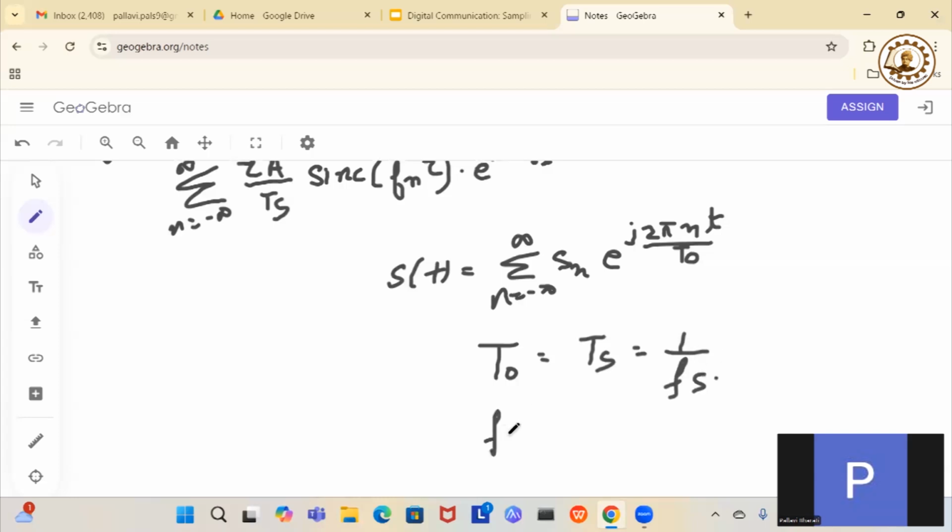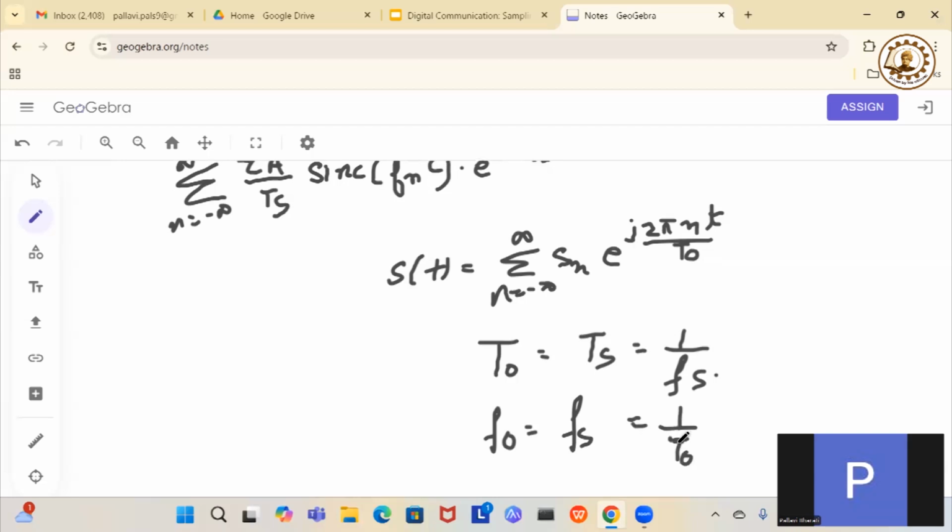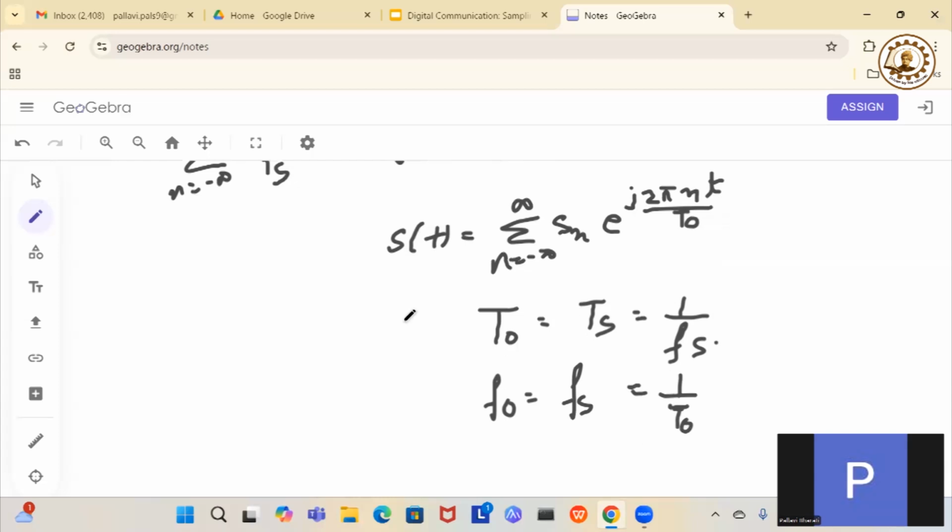Again, F naught is equal to Fs is equal to 1 by T naught. So this is the period of s(t), and this is the frequency of s(t).